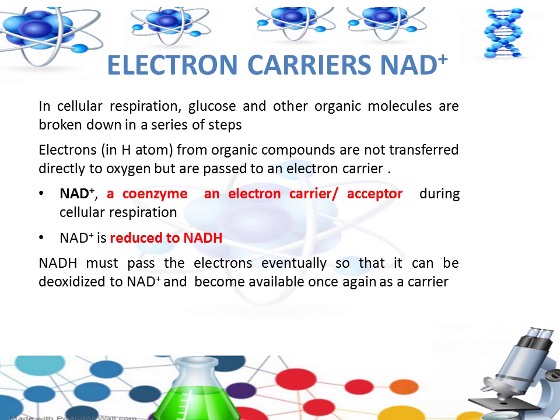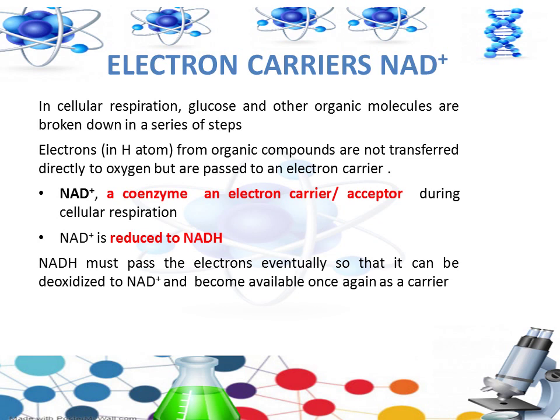So when NAD plus accepts the electron, which is in the form of hydrogen atom, it will be reduced to NADH. So NAD plus terima, accept, gaining the hydrogen atom, so we say that NAD plus is reduced. Okay, so what happened when the NADH passes the electron to the oxygen?